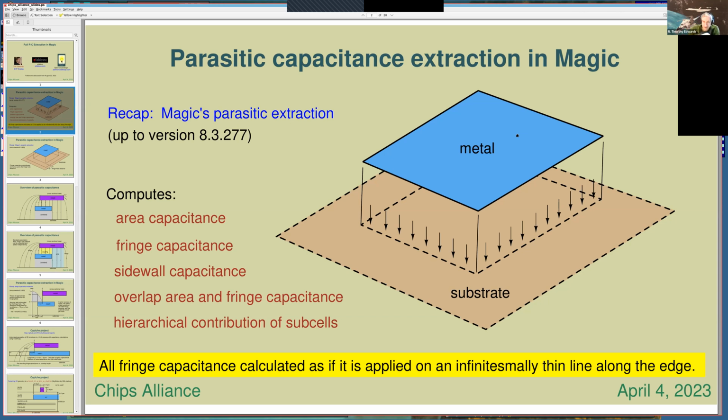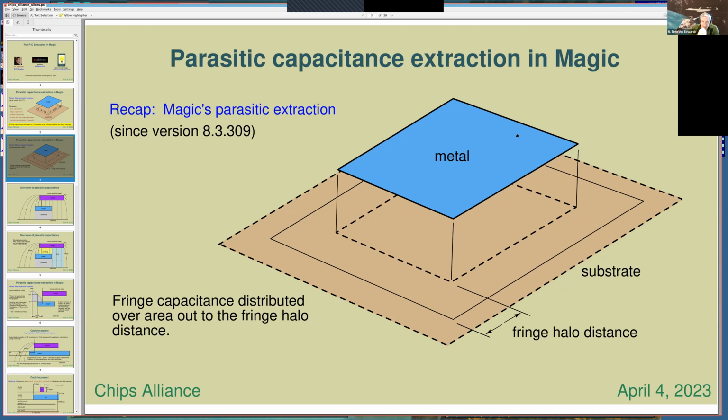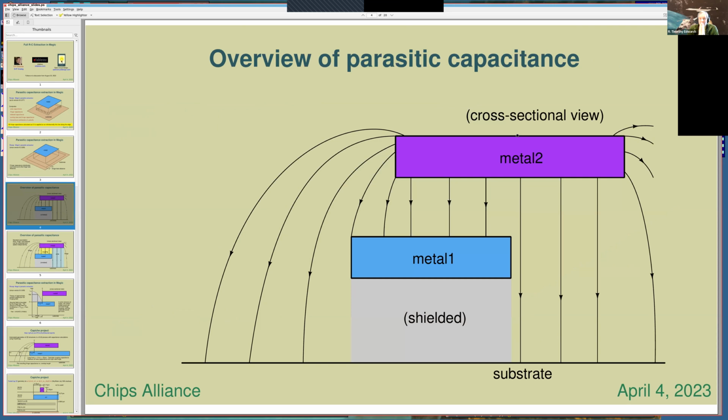And so as of my presentation last time, I mentioned that I was trying to get an analytical expression, a model for how the parasitic capacitances, the fringe capacitance in particular, is distributed over a halo around the edge of a metal, in which you assume that all of your capacitances are pretty much additive.